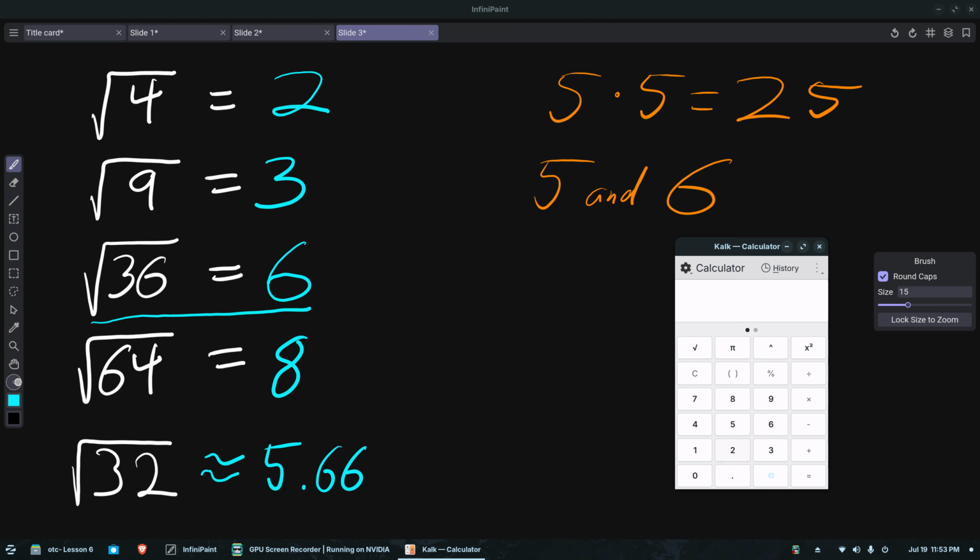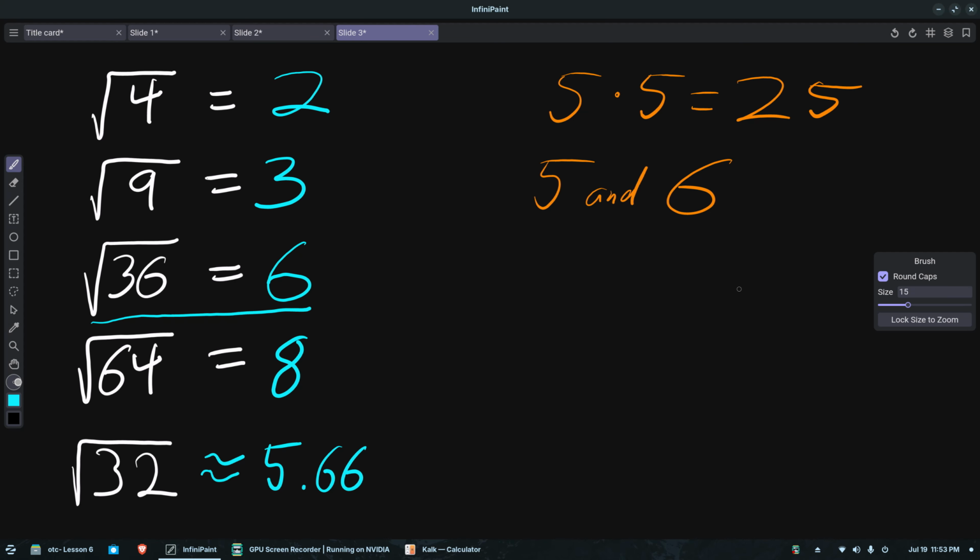Because if we were to take 5.66 and multiply it by itself, we'll get something close to 32, but it's not exactly 32. But because we put it in our calculator, we can assume that this is at least close to the correct answer.